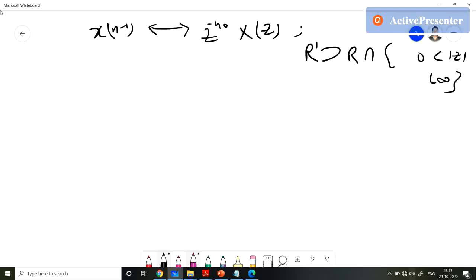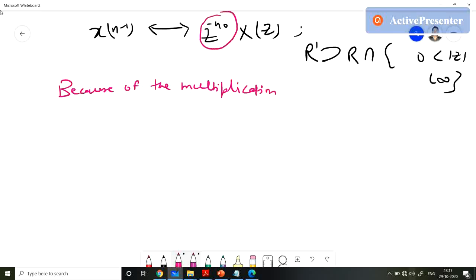The important point is that there is a multiplication of z raised to the power minus n0 here. So x[n] has z-transform X(z).